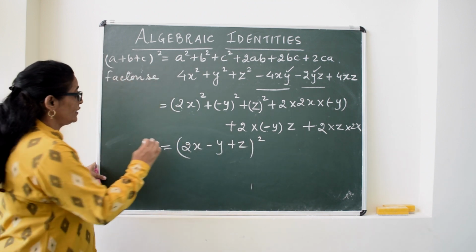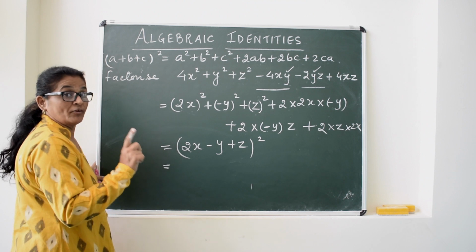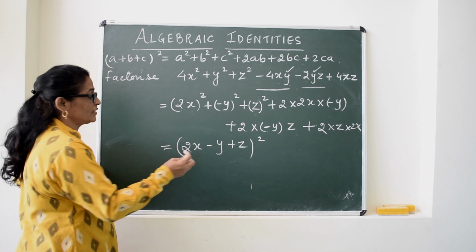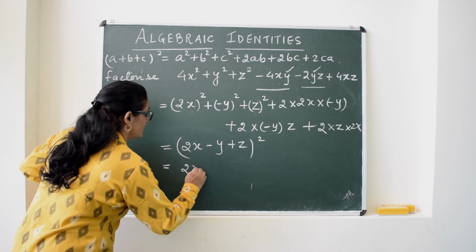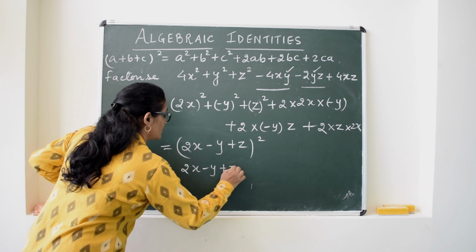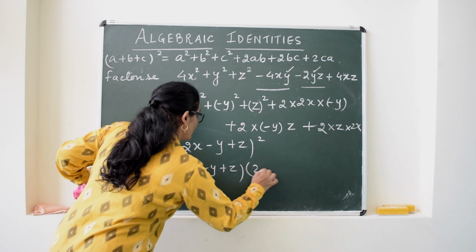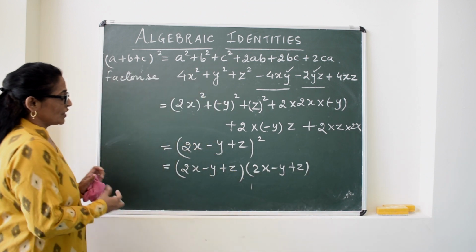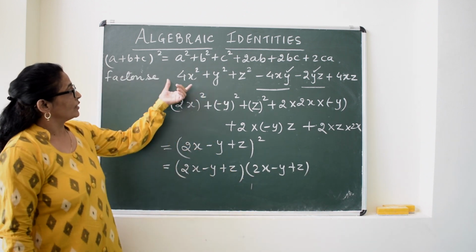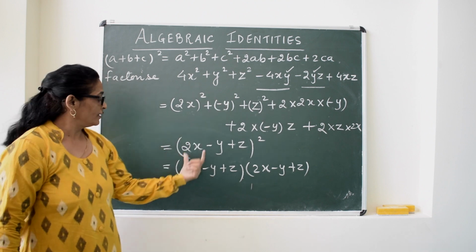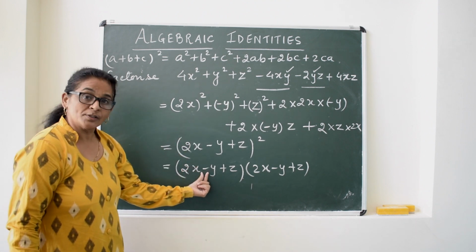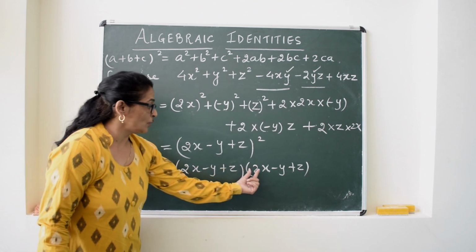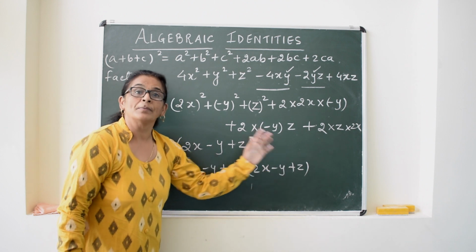So ultimately it should be in the form of the product of the linear factors. So we will write it in this way. The factors of the given expression are a minus b plus c into a minus b plus c.